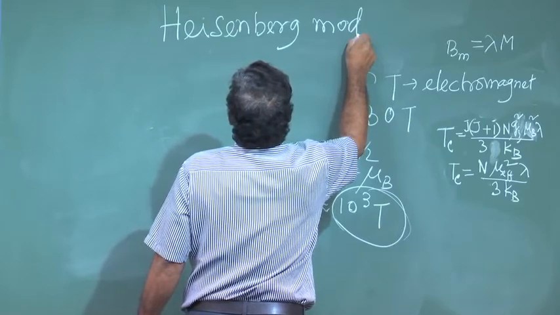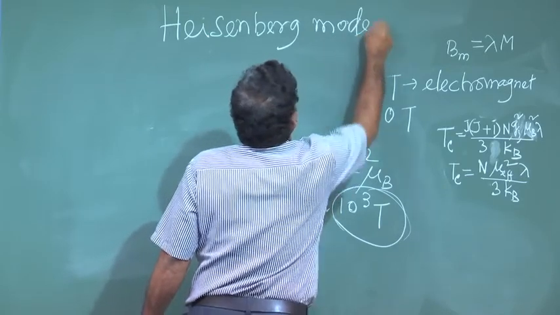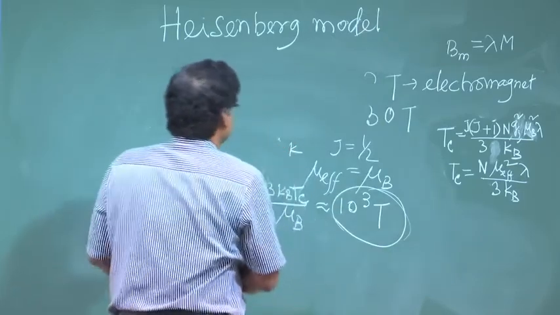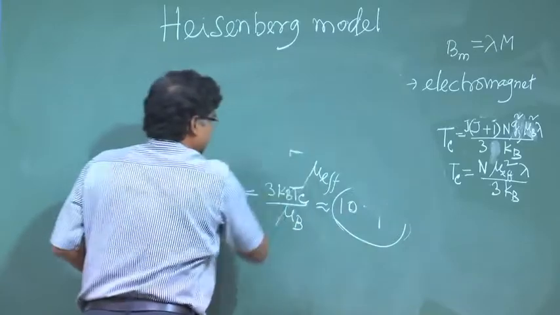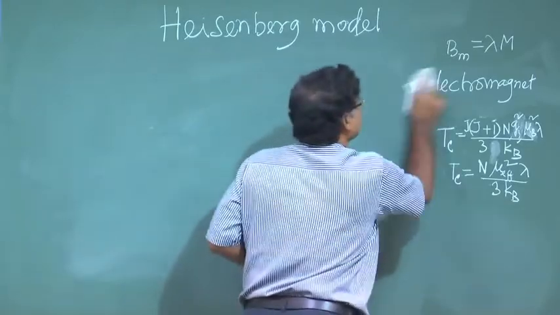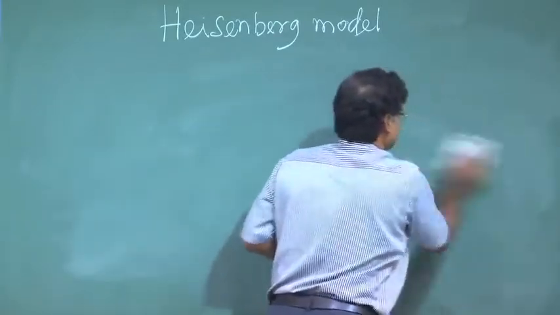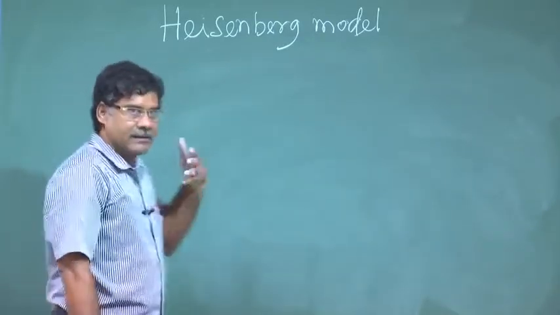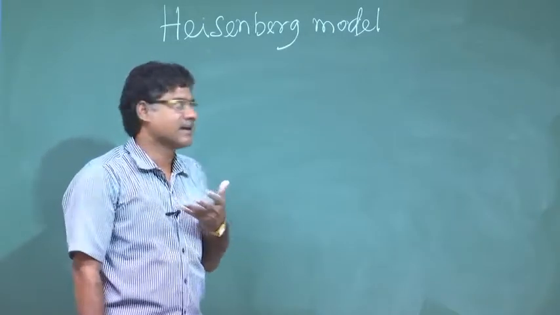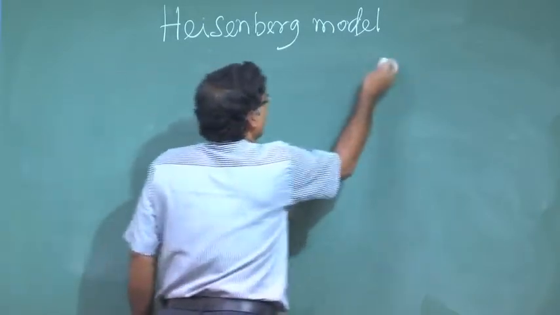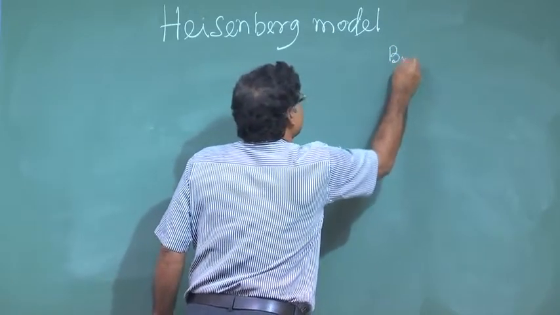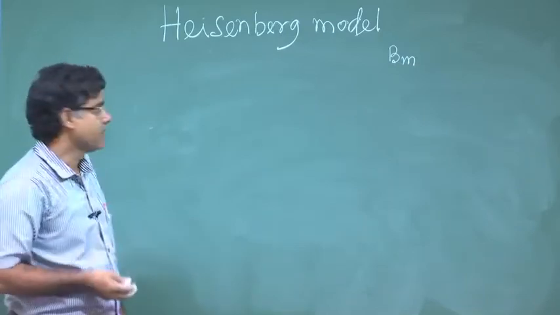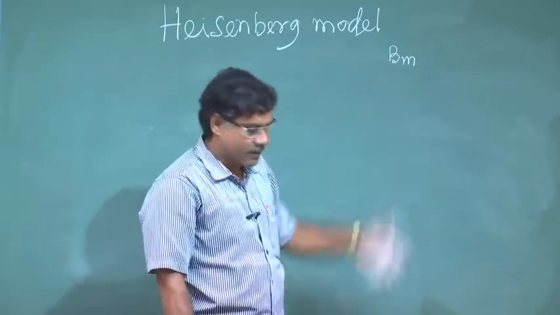Heisenberg model of ferromagnetism. So, it tells that the origin of this molecular field cannot be magnetic interaction, magnetic dipole interaction.